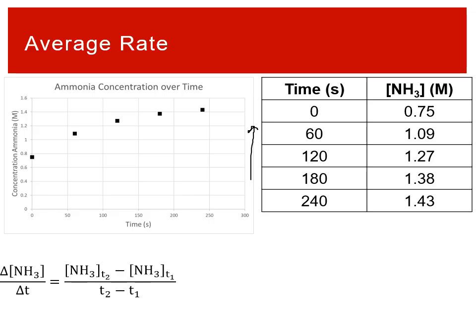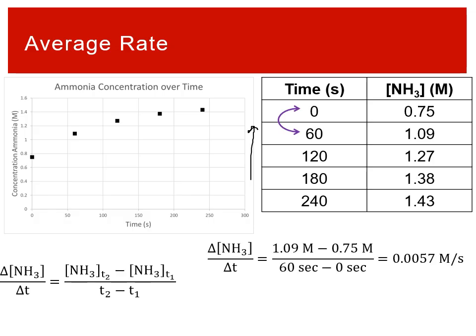So when we want to actually calculate these rates, what we would do is pick, say, 2 points. We started at time equals 0 seconds and time equals 60 seconds. We just did this over 4 minutes. So if we want to do the delta NH3, we take the 1.09, which is the concentration at the higher time, right?